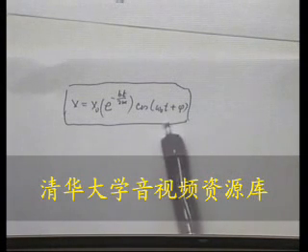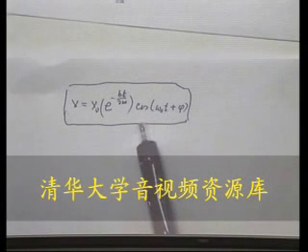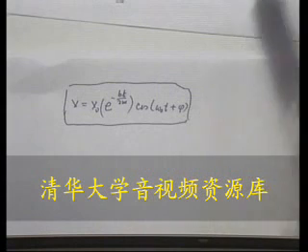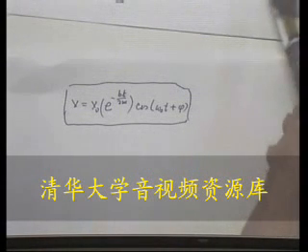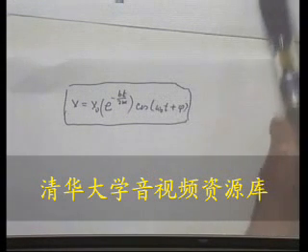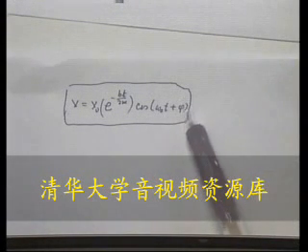This cosine of two things can be expanded into a cosine term plus a sine term. And each of them can be written as a linear combination of these two. And vice versa. Any real linear combination of those two has to be of this form.